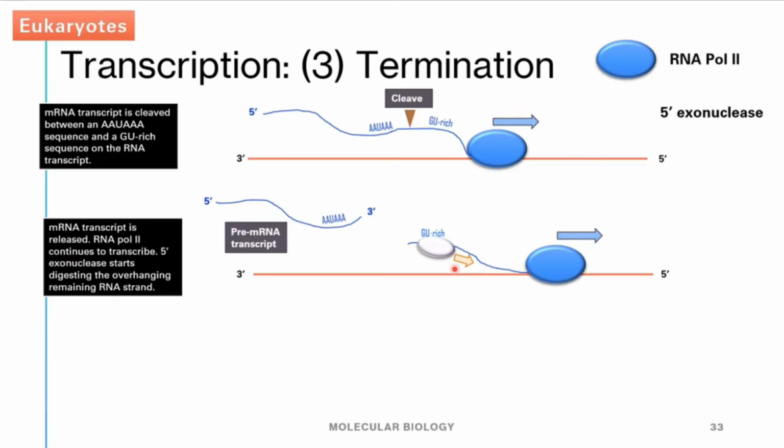And we have this piece of the RNA still behind the RNA polymerase II, and we have this white colored thing, which is the 5' exonuclease, which is going to bind to the GU-rich region and move towards the RNA polymerase II.